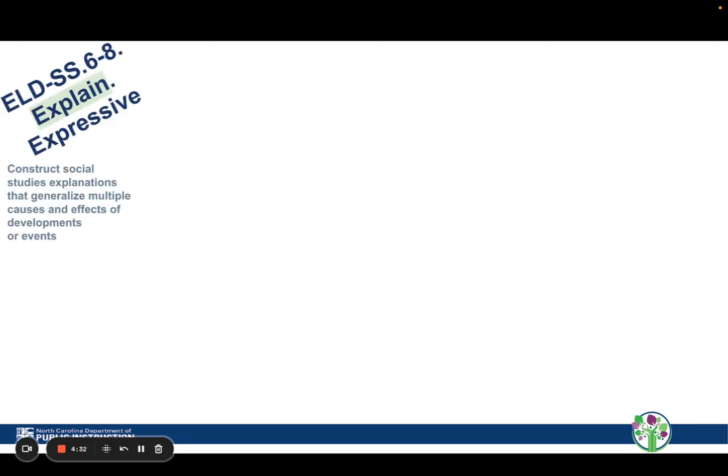And so Maria's teacher, in going to the ELD standards, selected Explain and Expressive in the content area of social studies, grade bands 6 through 8. The language expectation that she chose to focus on with Maria and her fellow EL or ML students was construct social studies explanations that generalize multiple causes and effects of developments or events, in other words, the COVID pandemic.